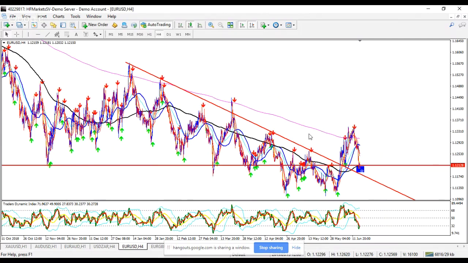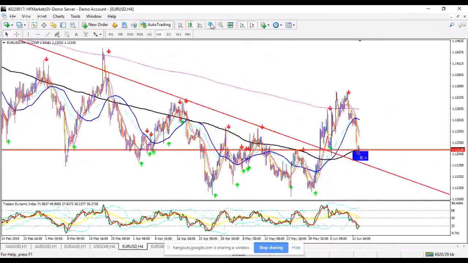Italy is not doing very good. France is a bit stable. Turkey is actually negative. So the euro is not very strong right now, and it looks like the dollar is getting stronger. So yes, we might have a sell continuation right into this demand zone.